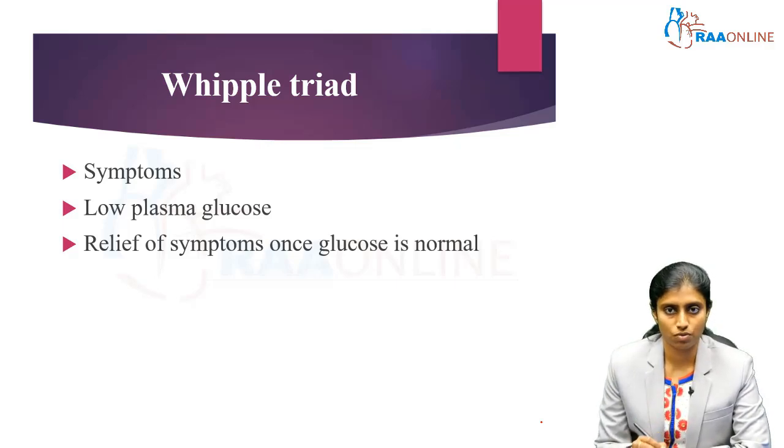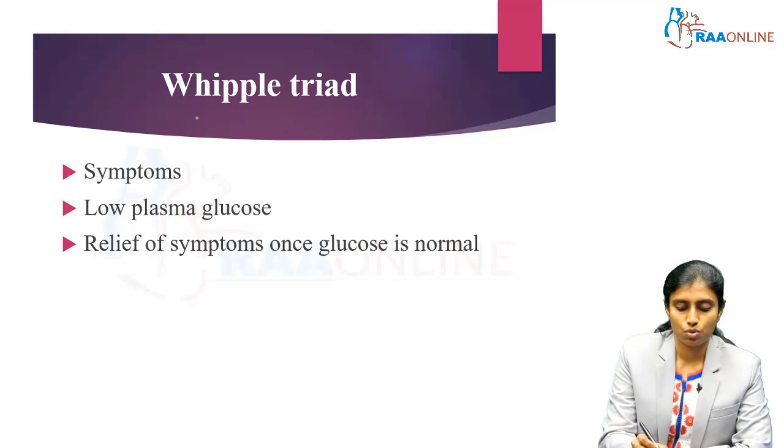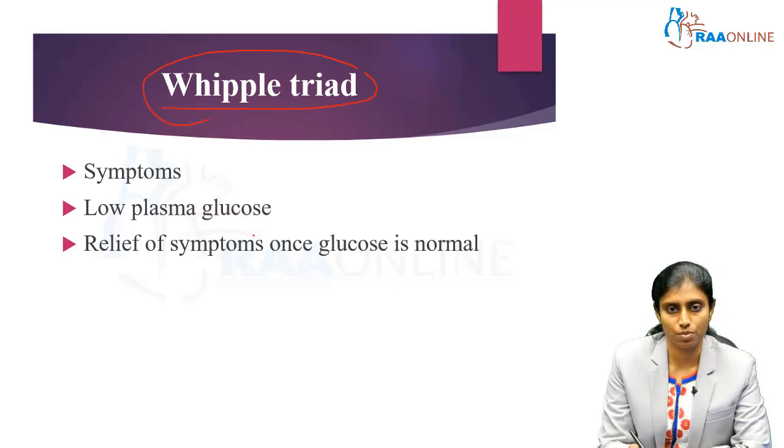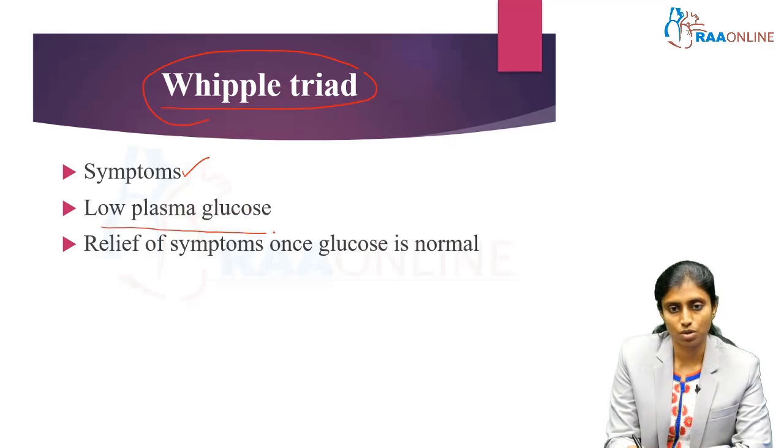Next, we will see when we give importance to a hypoglycemia episode and decide to evaluate its cause. When we have Whipple's triad, we give importance to that hypoglycemia episode. What is Whipple's triad? The patient presents with typical symptoms of hypoglycemia, and then you check a capillary blood glucose or take a sample and send it to the lab. There is a low plasma glucose which is documented. And there is also relief of symptoms once glucose is normal.